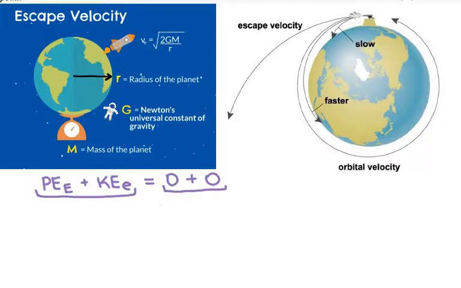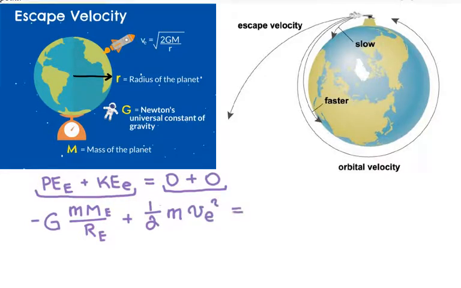The potential energy has the formula negative G, times the mass of the object, times the mass of the planet, over r, plus the kinetic energy, which is 1/2 m times the escape velocity squared, equals 0.